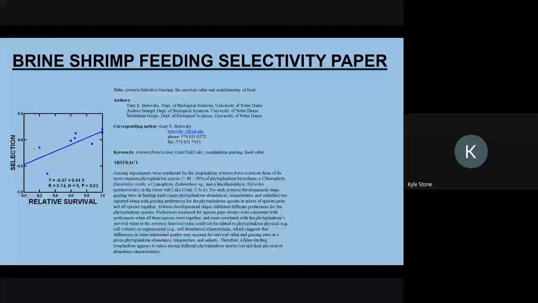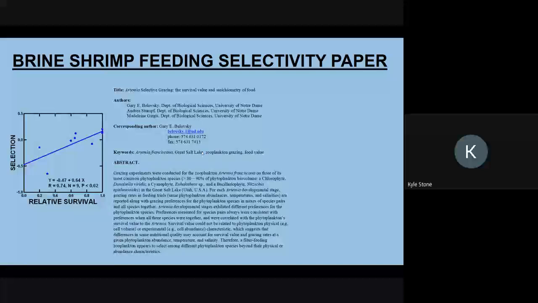The important thing to point out here is that brine shrimp are selective in their feeding. The earliest studies back in the 1960s done with Great Salt Lake brine shrimp were done with phytoplankton that were not from the Great Salt Lake. They used Dunaliella from an ocean sample. Whether that was our Dunaliella or not, I don't know, but they used species of phytoplankton that the brine shrimp would have never been exposed to.